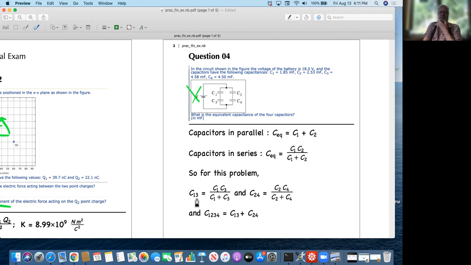So C13 will be C1 C3 over C1 plus C3, just like here. And C24 will be C2 C4 over C2 plus C4. And now the equivalent capacitance for the 4 capacitors will be like this.